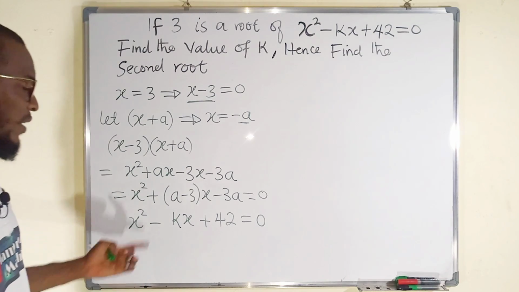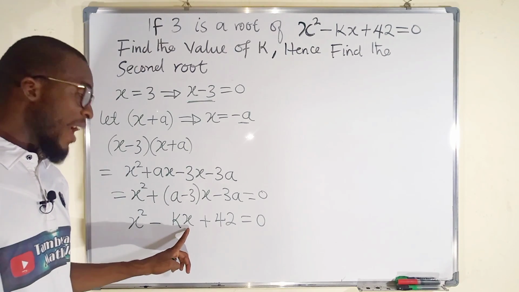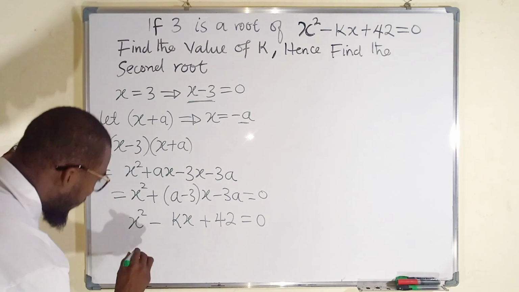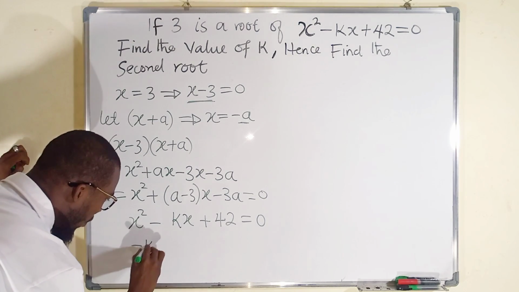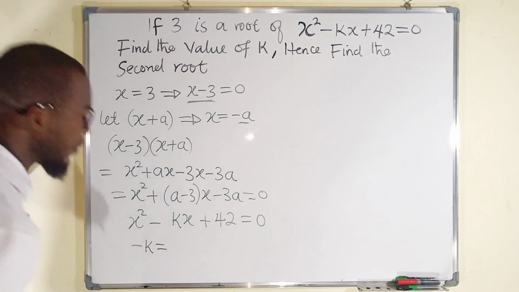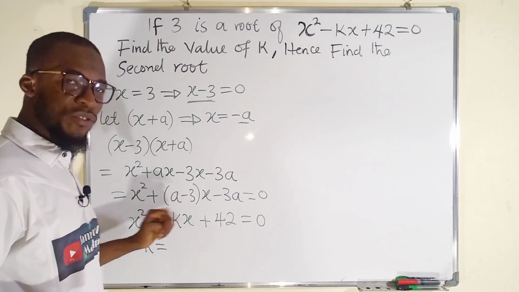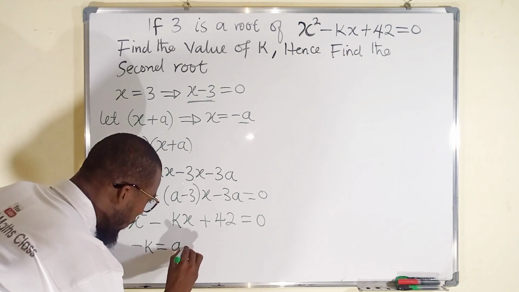What is the coefficient of x in the second equation? It is just negative k. So therefore, this negative k will be equal to the coefficient of x in the first equation, which is a minus 3.